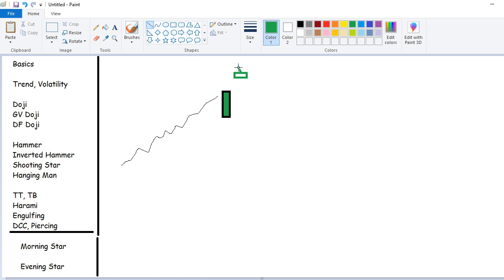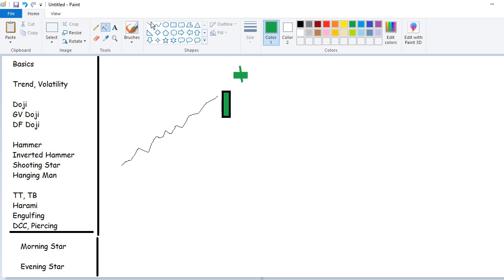See, there is a gap up and the candle is very small. So what does that mean? That means there is an uptrend, but the buyers are becoming weaker here. It doesn't matter if it is a green color or red color or with no body. It doesn't matter.